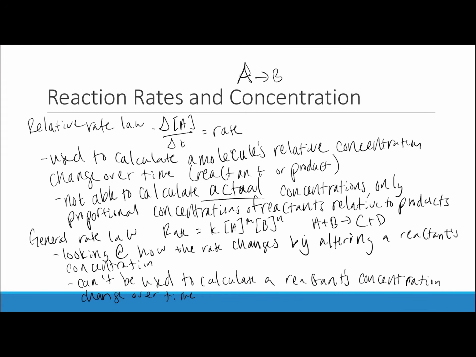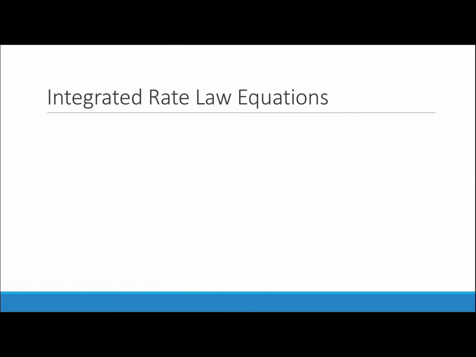But what we're going to look at today is what's called an integrated rate law, which combines the two to form an equation that we can actually use to calculate actual concentrations of reactants and products over time. So our integrated rate law is used to calculate actual concentrations of reactants and products over time.